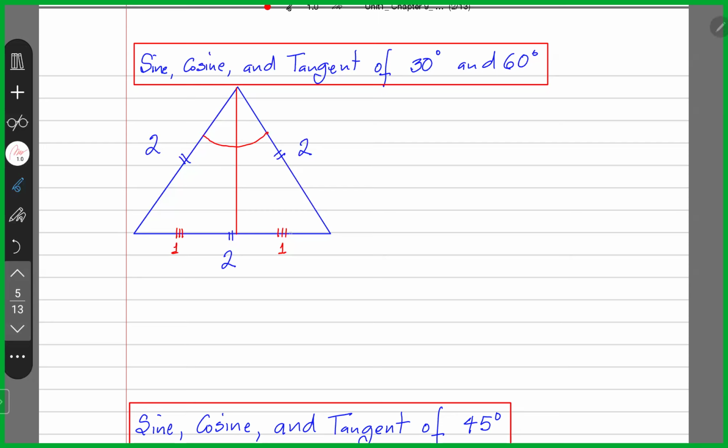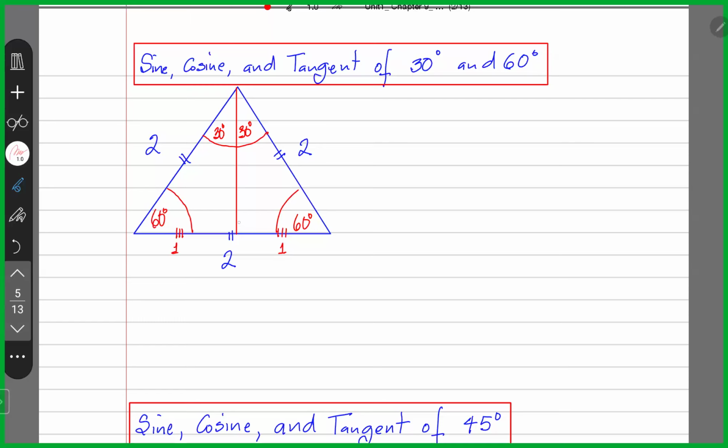So first of all, these interior angles would have been 60 degrees because it's an equilateral triangle. So this would be 60 degrees, and the top one would also be 60 degrees. But the altitude bisects the angle at the apex. So if it bisects it, this becomes what? 30 degrees. This becomes 30 degrees.